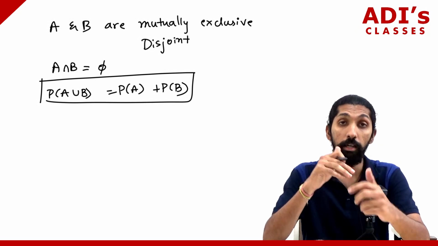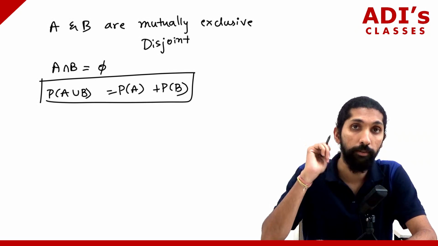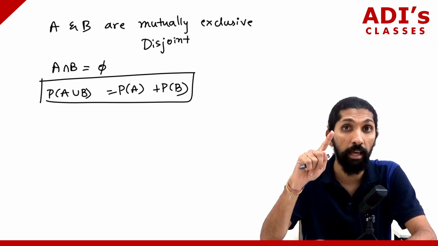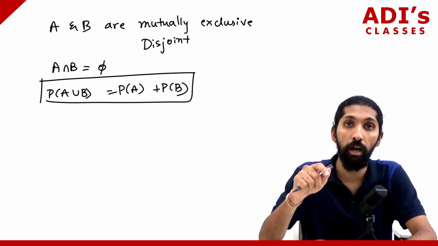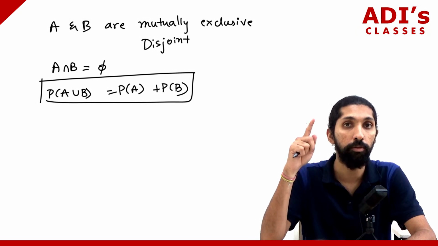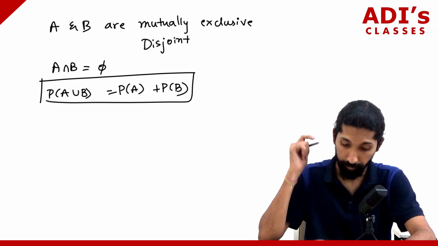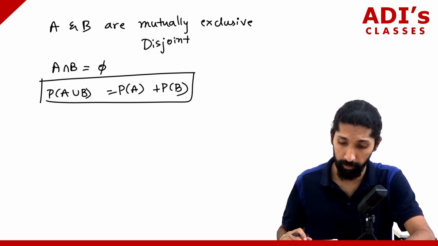Fair enough? Now the next thing is, what if you have three sets A, B and C? Then how do we find P of A union B union C? I'll just write down the formula for that.